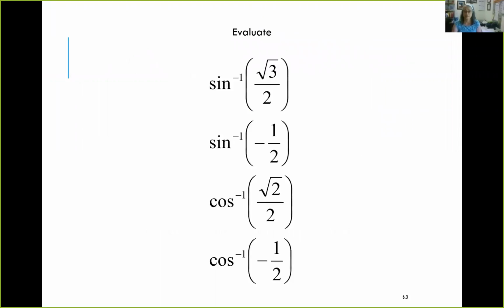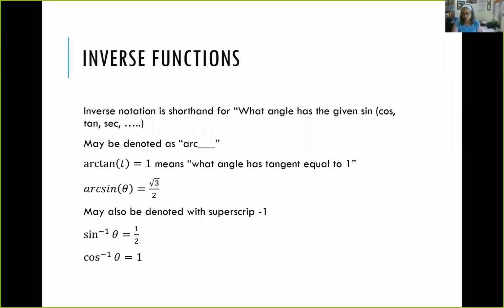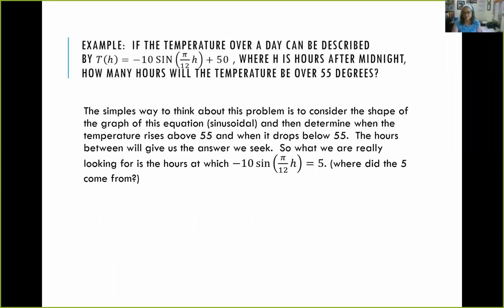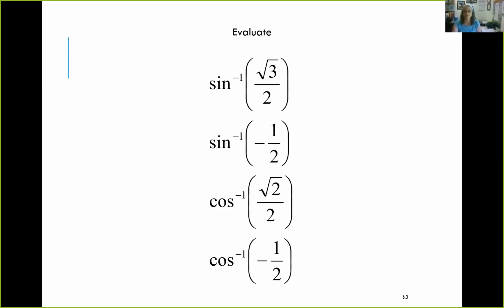So what I'm actually saying is I want the sine inverse of what was my cosine of 11 pi over 6? Root 3 over 2, right? So what angle has a sine that is equal to root 3 over 2?